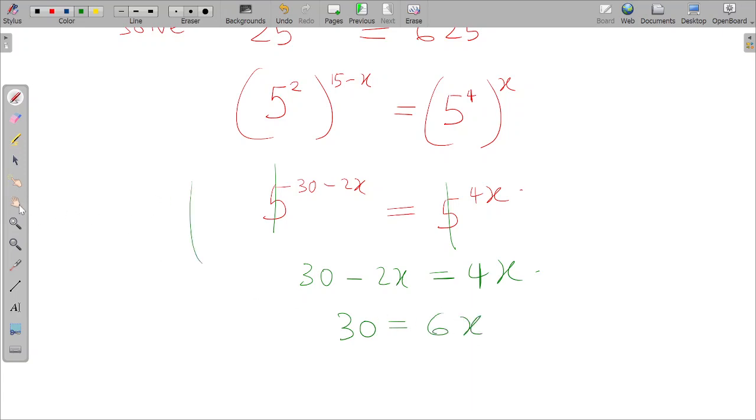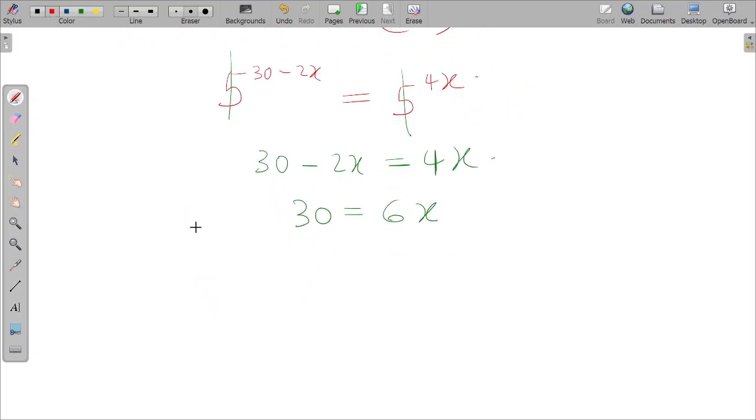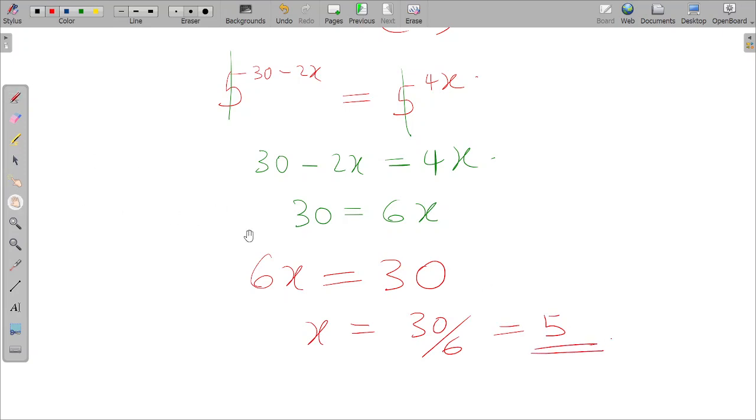Of course, I can rewrite this to give us 6x equals 30, and x equals 30 divided by 6, which is equal to 5. Okay? All right.